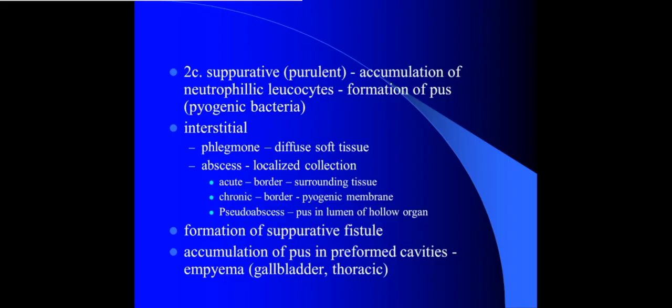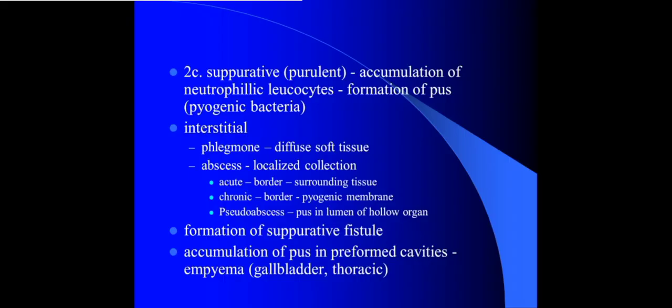Interstitial, diffuse. What happens here? There is diffusion through soft tissue and a localized collection, right? So there is formation of a suppurative fistula. A fistula is chronic.